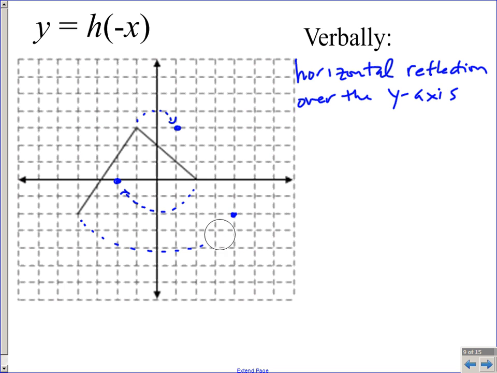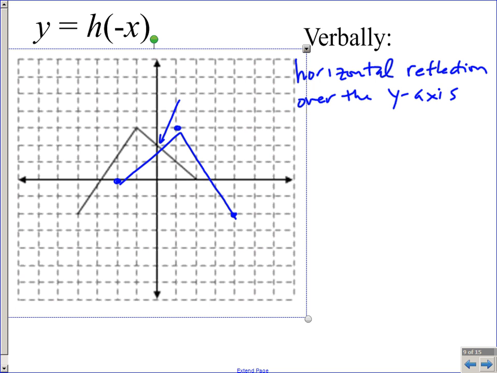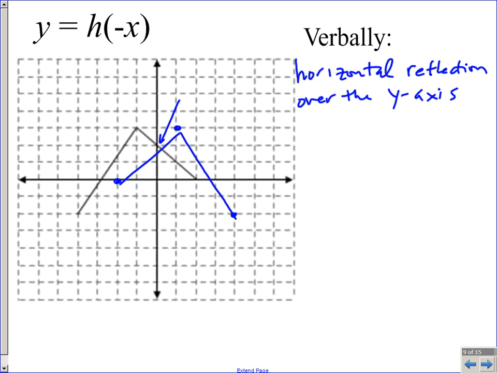Hopefully I've put those where they need to be. 4 units over. You can notice that this spot on the y-axis is the same y-coordinate there for the original function and the transform function. All right.